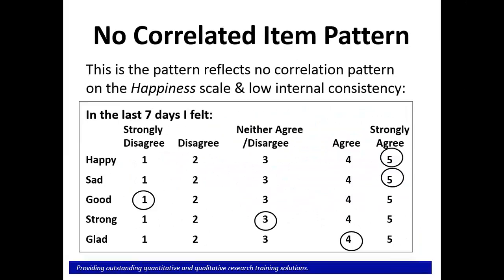So this looks like a pattern that is not indicating the presence of happiness, because it looks like it's indicating mixed reports. That's going to have low internal consistency when it's mixed like this. When the correlated patterns come up, that's going to have high internal consistency because it seems like a single construct is being measured.